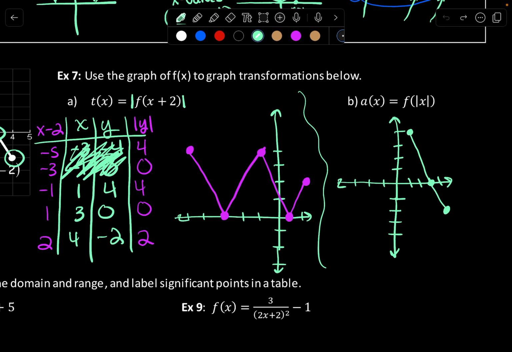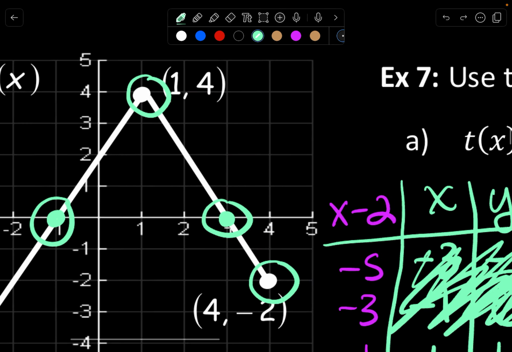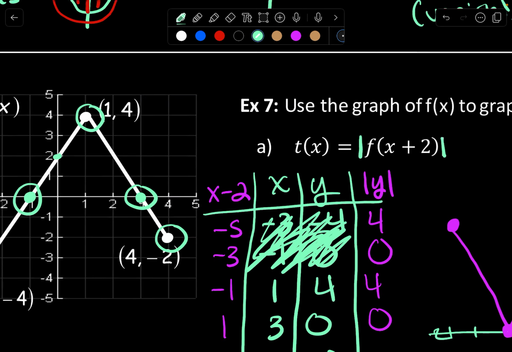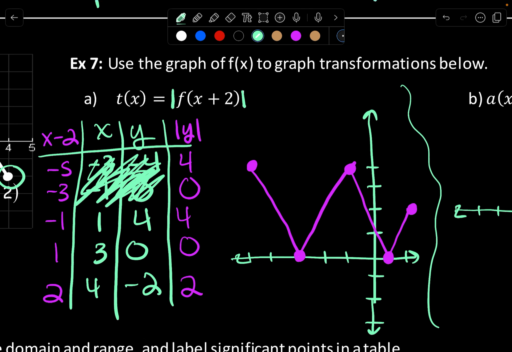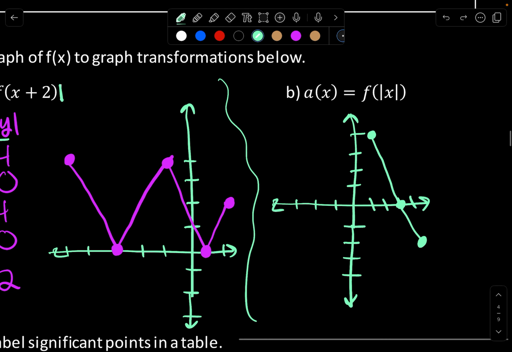You also need to include the y-intercept for this one, and it's at 2. Ooh, I kind of messed that up on mine. Oh, no, we had that shift over, so it changed there. We'll see. All right, so I have my y-intercept at 2.